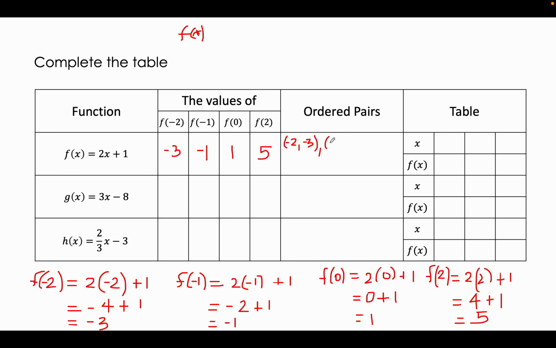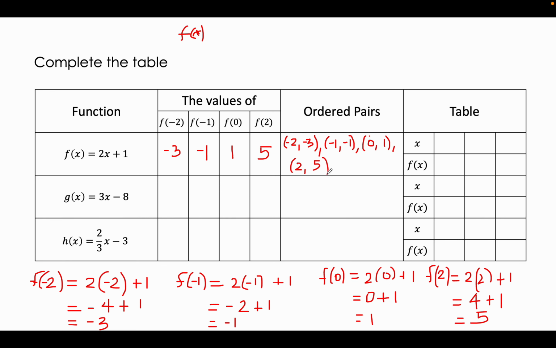So we have negative 1 and then negative 1. Next, if x is 0, y is 1. So we have 0 and then 1. If x is 2, our f of x is 5.